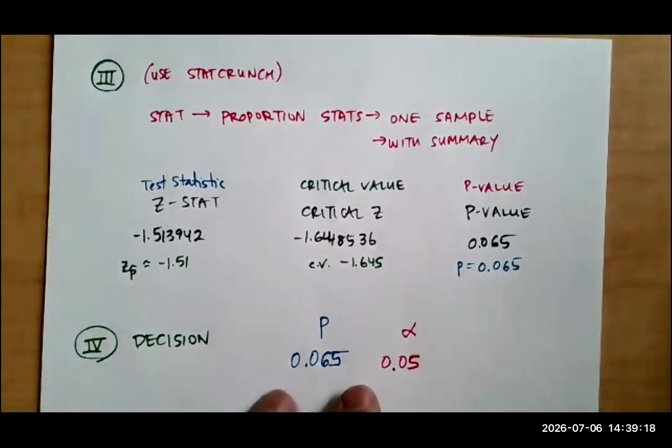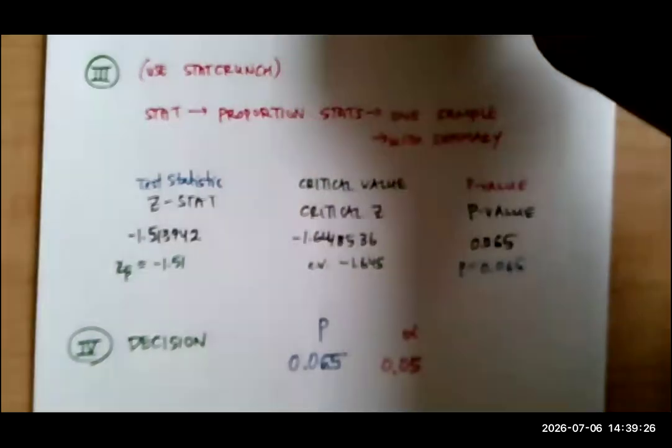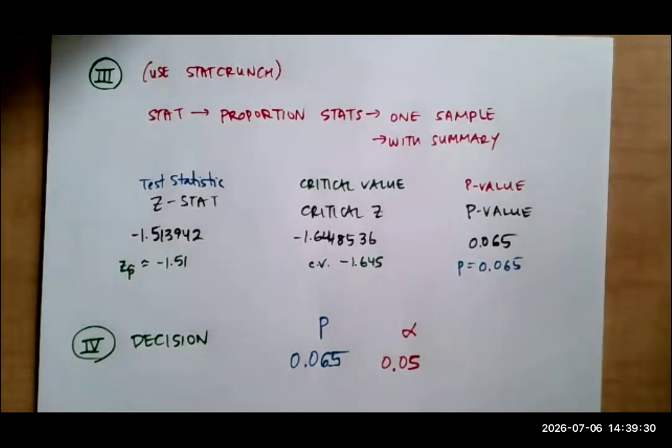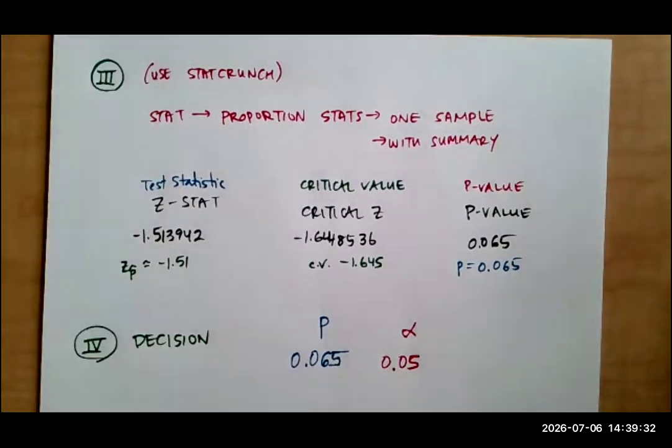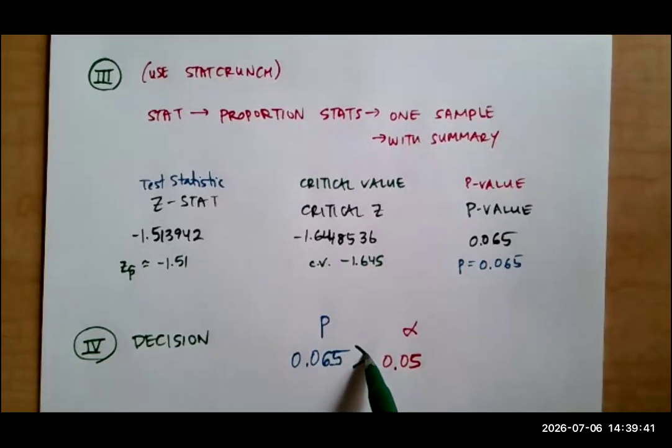Comparing those, working left to right, same digit in the ones place, same digit in the tenths place, okay? Now getting into the hundredths place, 6 is bigger than 5, so our p-value is greater than alpha. There's that comparison.